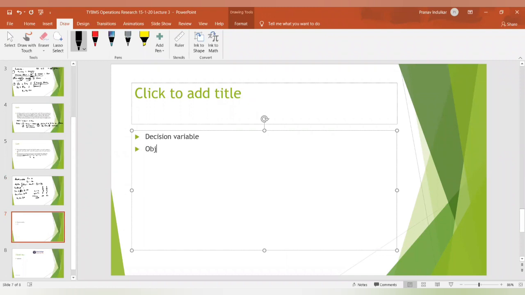Objective function consists of min and max.